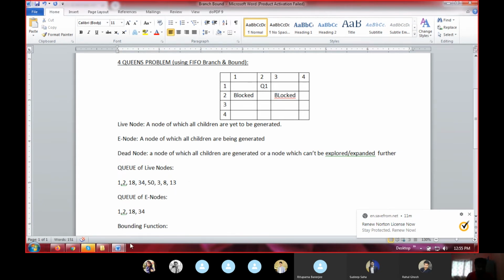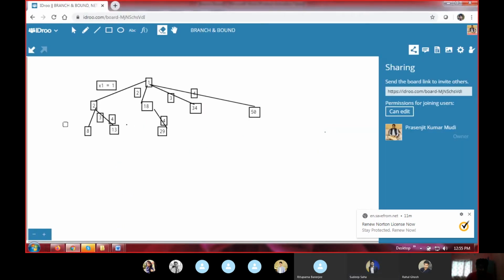I forgot to mention here, we have removed 3 because 3 is not able to produce further depth of the tree. We can't find any solution further if I propagate including node 3. That's why it can't be a live node; it was immediately killed or deleted when it was violating the bounding function.